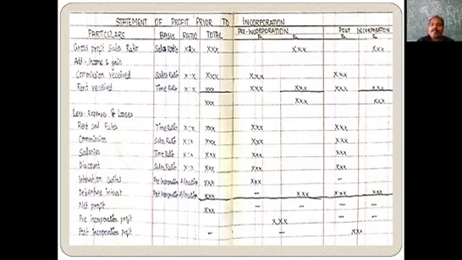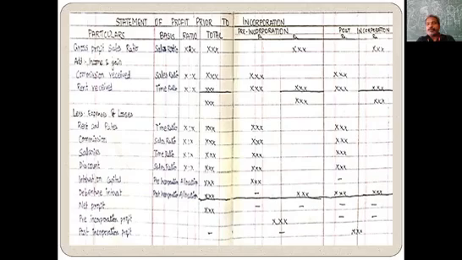Then from the total incomes, deducting expenses, we will get the net profit, that is, pre-incorporation profit and post-incorporation profit. Right? This is the statement.